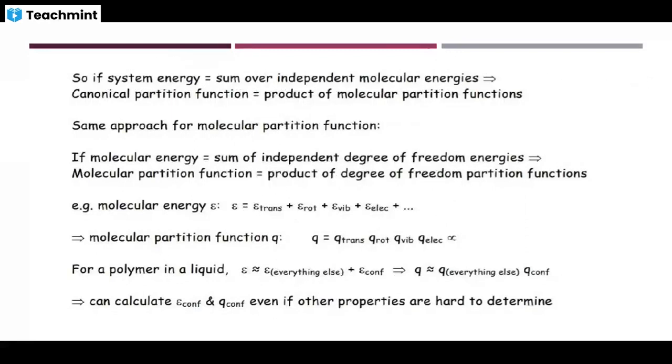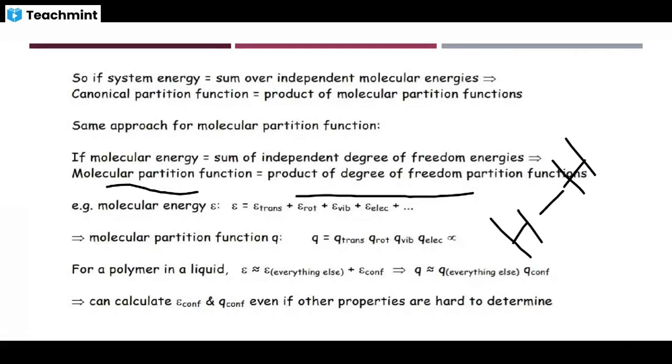The same operation applies for the molecular partition function. If molecular energy equals the sum of independent degrees of freedom energies, then the molecular partition function equals the product over the degrees of freedom. Each molecule has different energies: translational, rotational, vibrational. If you take a molecule like H2, it has translational, rotational, vibrational, and electronic energy.